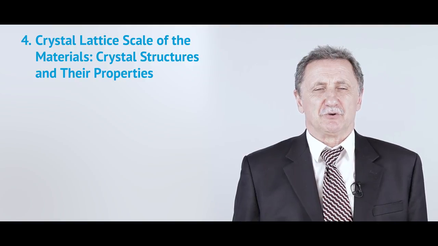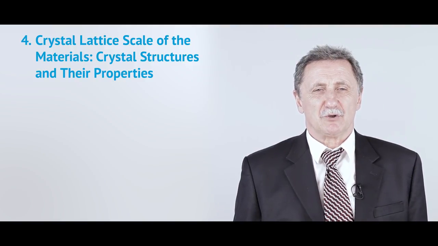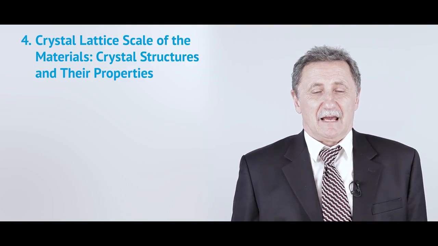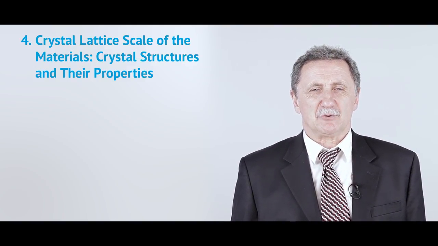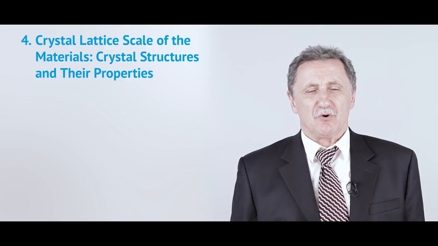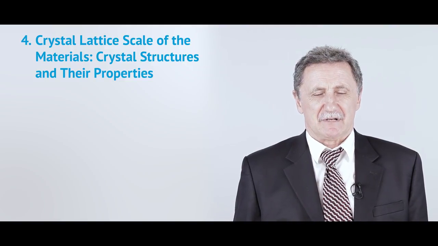However, in general, you know that material involves not two atoms, but millions, billions of them. And it appeared that these millions of atoms arranged in some very special structures, so-called crystal structures.